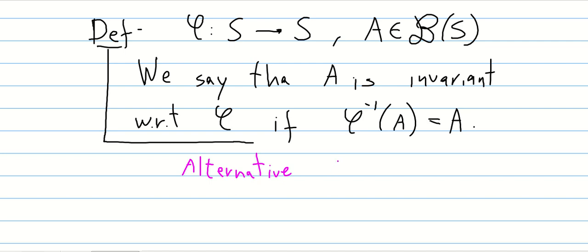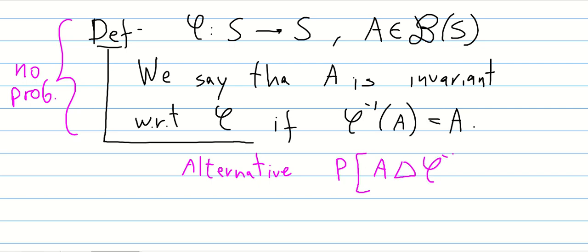Where we have some probability P, you see the above definition has no probability P. But in this alternative definition we have a probability P, and we just say that A symmetric difference with phi minus 1 of A has probability 0.